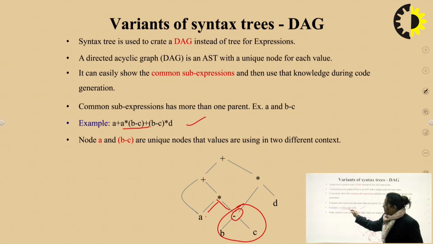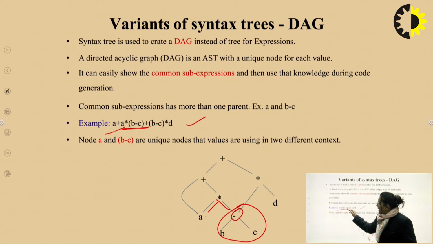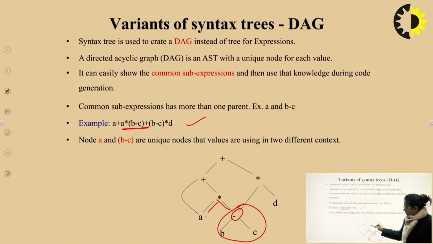In this given expression, a is the left child of multiply and b - c is the right child of that node. So after that, this is the final directed acyclic graph representation for this expression.